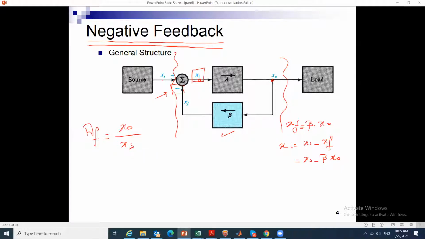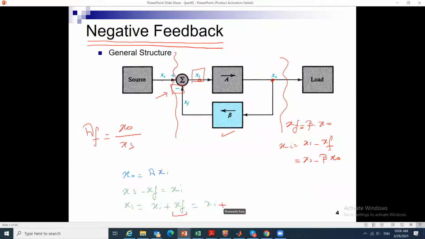If we look at the different relations that we have here, Xo is equal to A times Xi, and Xs minus Xf is equal to Xi. So this means that Xs is equal to Xi plus Xf.